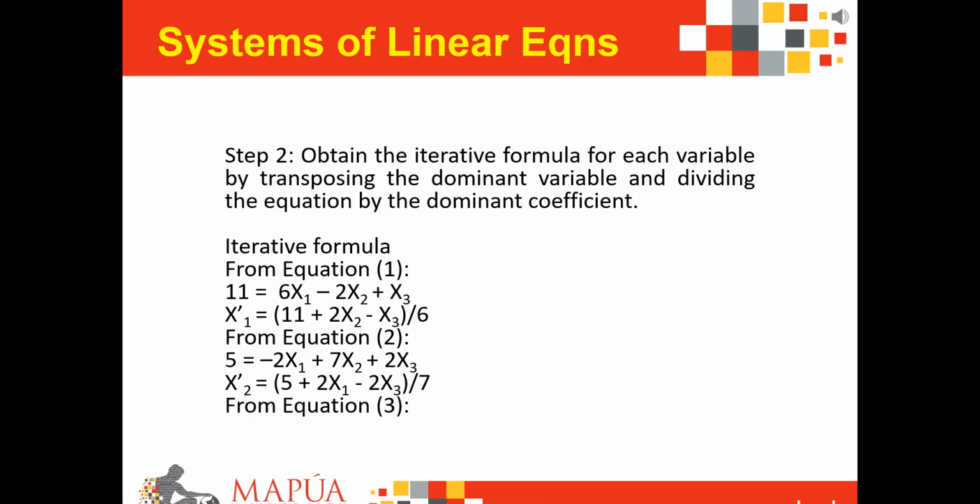And from equation 3, whereby x3 is dominant, we transpose the dominant variable 5x3 to the other side of the equation and divide everything by its dominant coefficient 5, giving us the iterative formula for x3 as 1 plus x1 plus 2x2, all over 5.